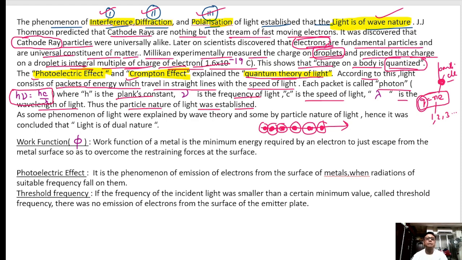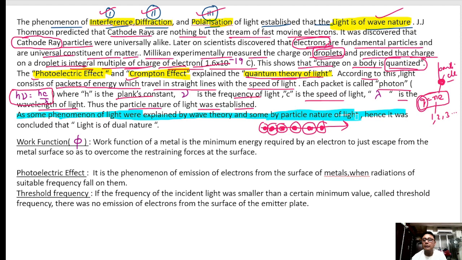So these two effects predicted the particle nature of light. What we are seeing is that some phenomena of light were explained by the wave theory, and some by the particle nature, that is, the Compton effect and the photoelectric effect.